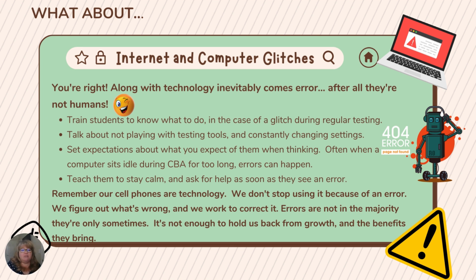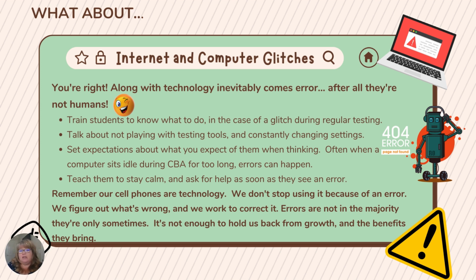We would feel like we've lost all our communication and our connections. If we put that much value into our cell phone, we can put that much value into a computer-based assessment and work through it and figure out the kinks to make it better, so that it can benefit us in the long run with things like instant online scoring and sending the grades immediately to data and to spreadsheets and to our grade books.